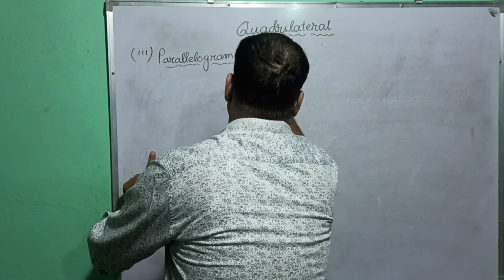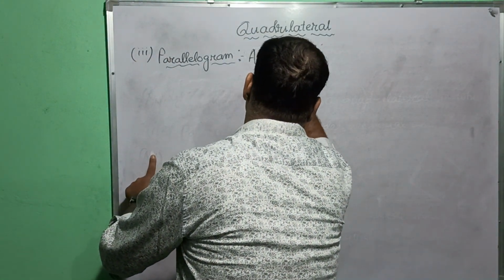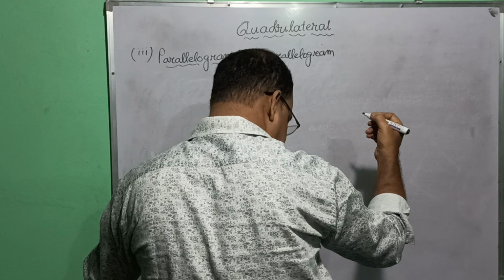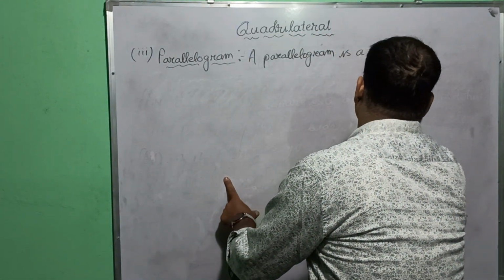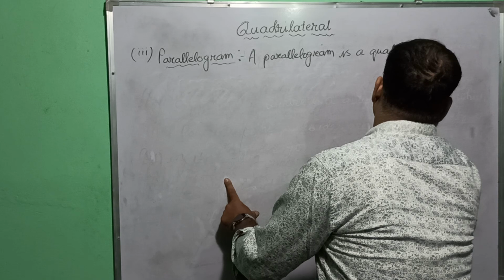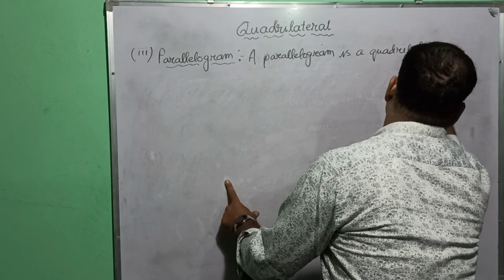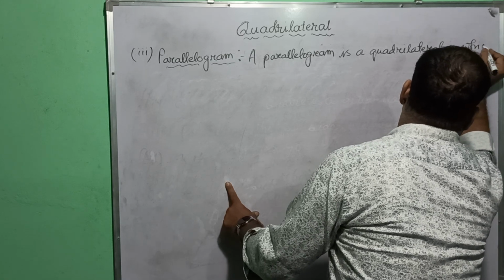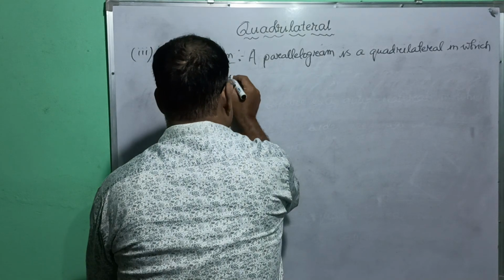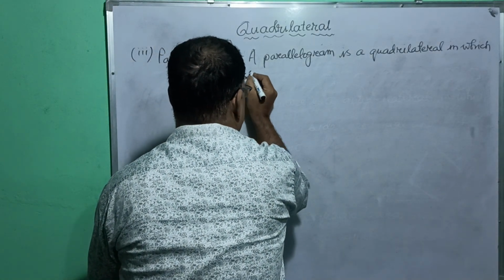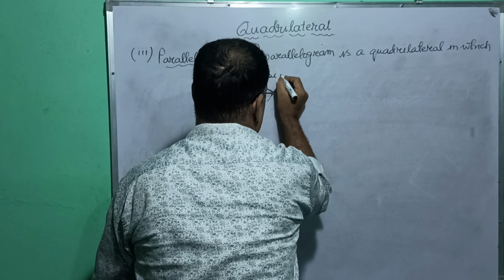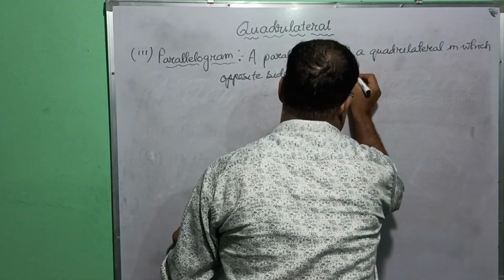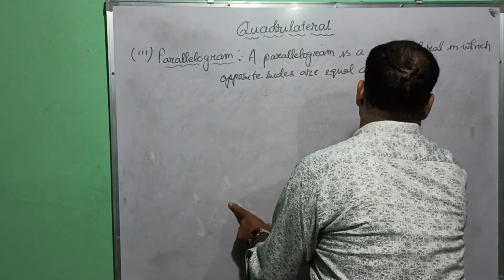So a parallelogram is a quadrilateral in which opposite sides are equal and parallel.